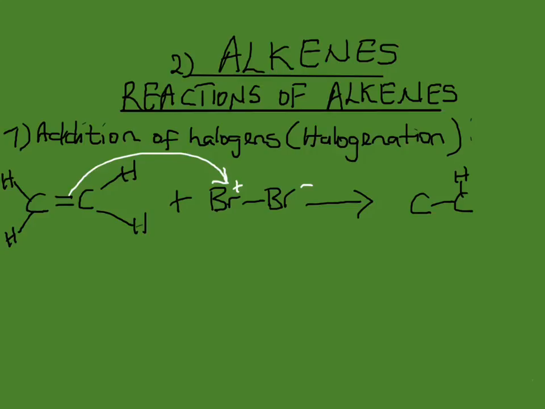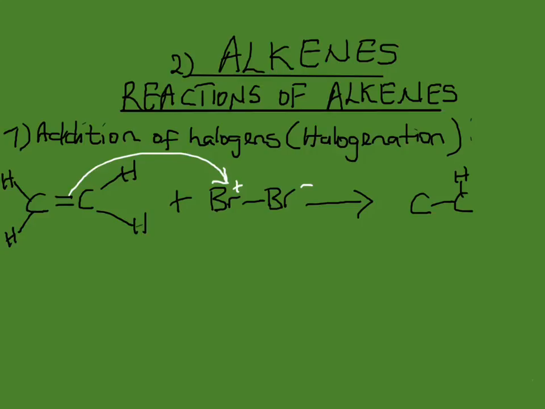Note that an arrow moves from the negative to the positive, and a double bond, a multiple bond, be it a triple bond, a double bond, whatsoever, in as much as it is a multiple bond, it represents a negative charge.